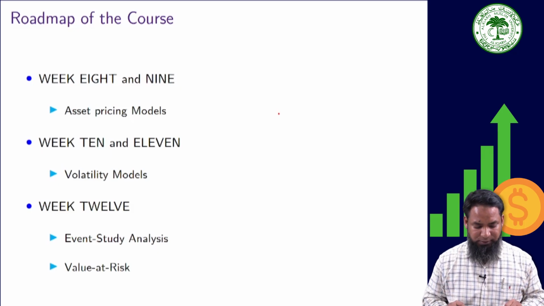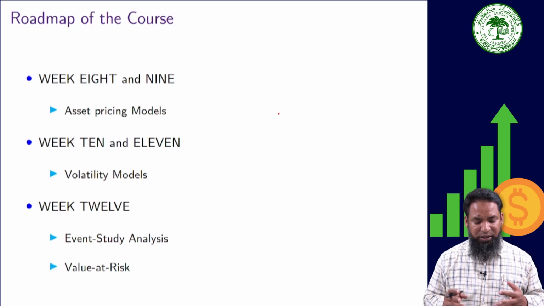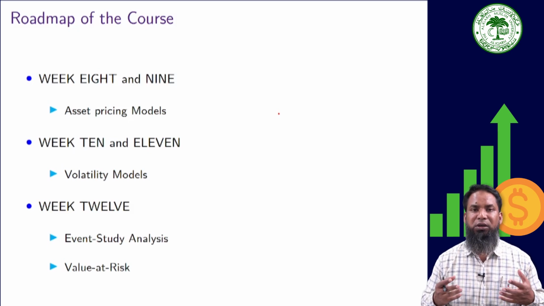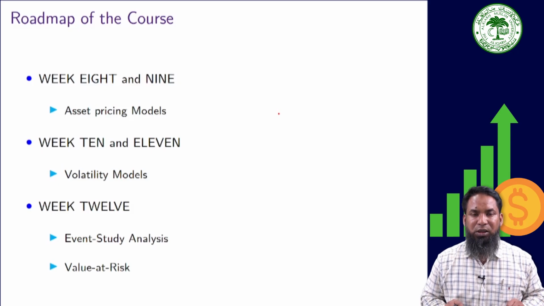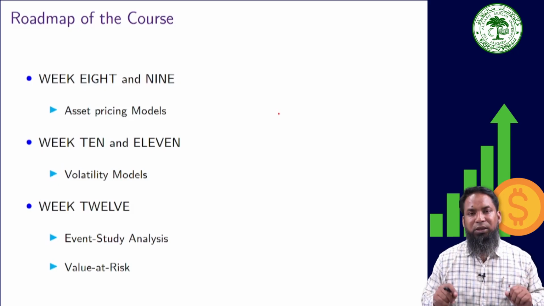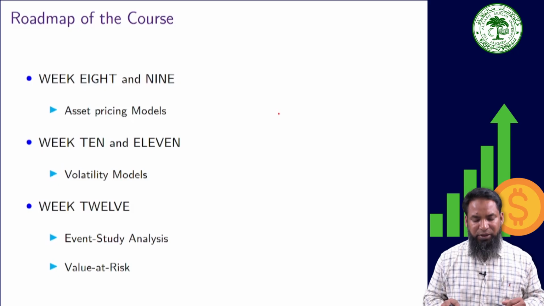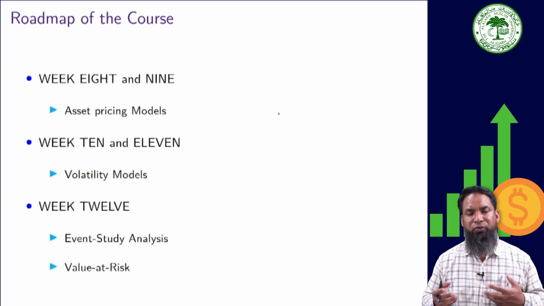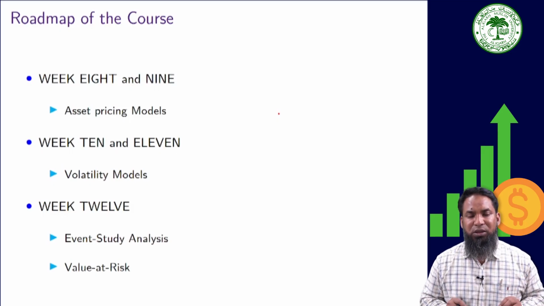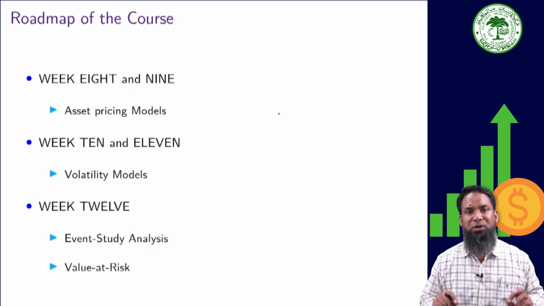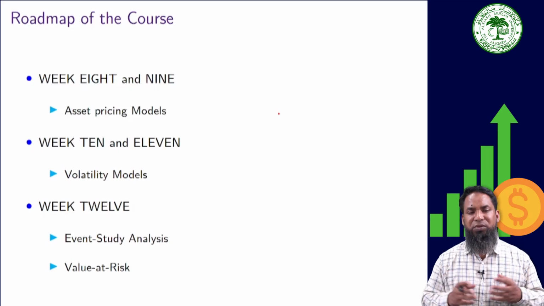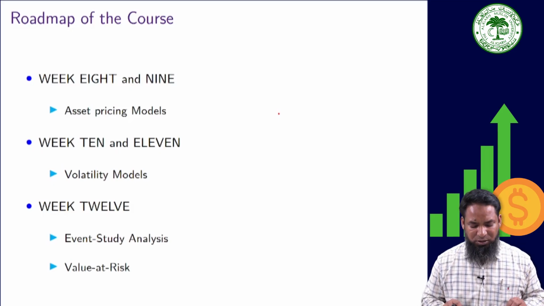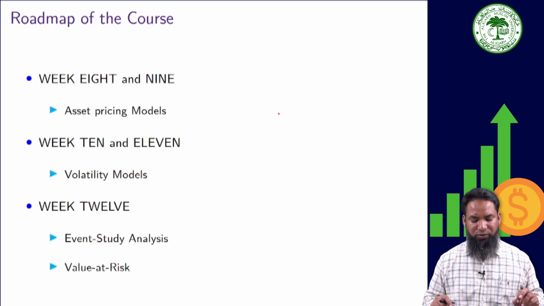In week 10 and 11, we discuss the volatility models, where we see what implications we have if we assume constant variance, and how we can reformulate or restructure to have different models which consider that the variance is not constant. Volatility is not constant, which is quite an observable fact of financial data.